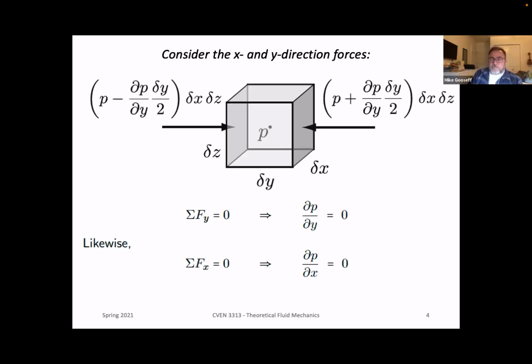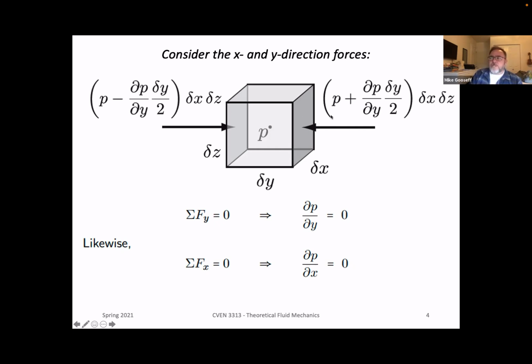So let's just say whether they were equal to each other or not, in this horizontal direction, so we've chosen the y direction here, we have a face that is delta x wide and delta z tall, and the same dimensions occur on this side as well.